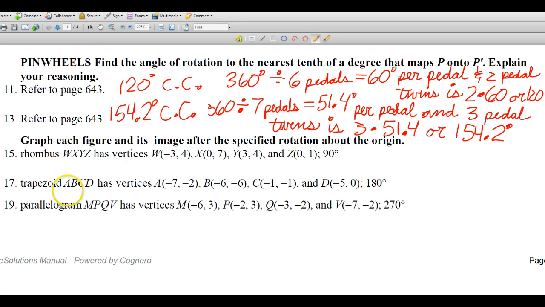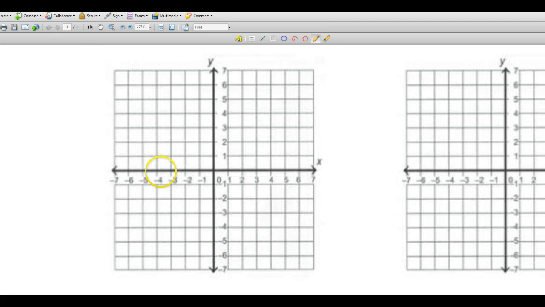17, rotate trapezoid ABCD 180 degrees. So let's first plot our pre-image. So A is -7, -2.